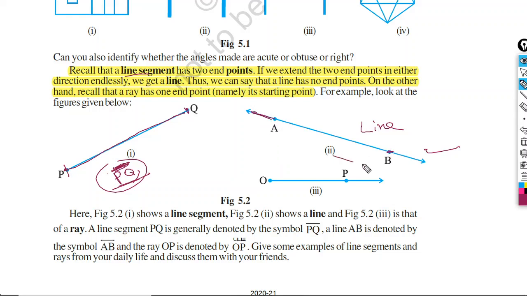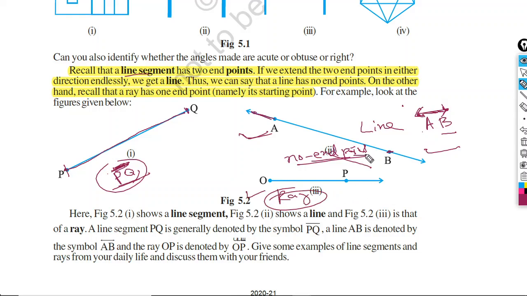So in a line there are no endpoints. So we can call it AB line. And how do you write it? AB with a line symbol above it. Look at this symbol, how I'm writing it.